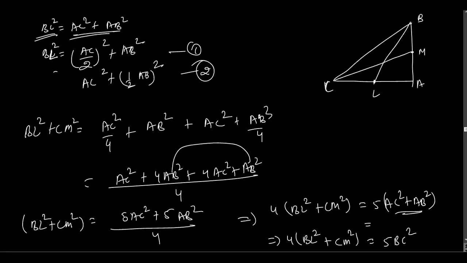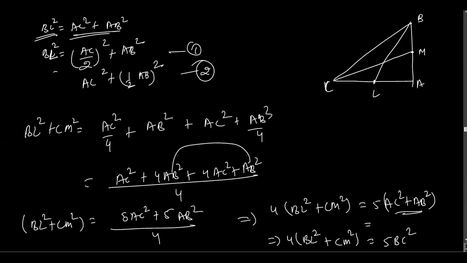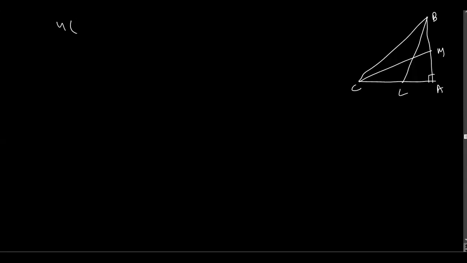This is a right angle triangle at A, this one is B, this one is C, this one is M, and this one is L, and you need to prove that 4 bracket BL square plus CM square is equal to 5BC square.